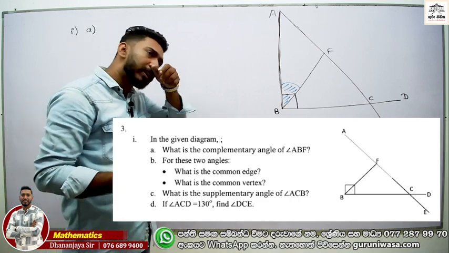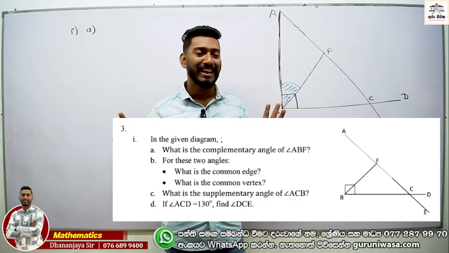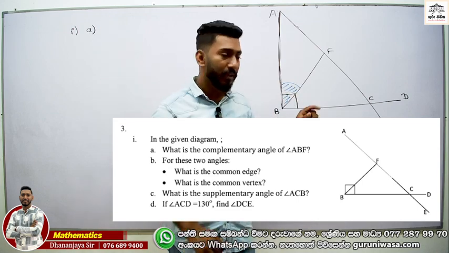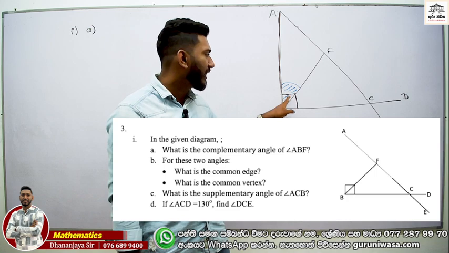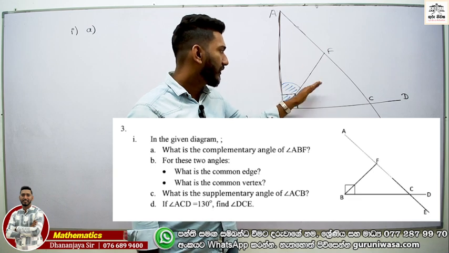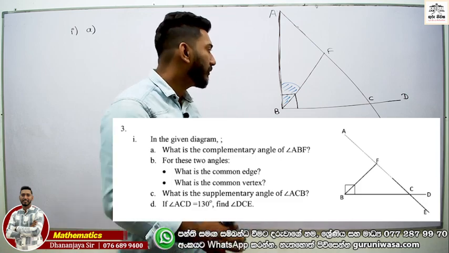Now what is the meaning of complementary? The sum should be 90 degrees. Do you all remember this? Therefore, look at the symbol. The symbol says that this angle and this angle, the sum of these two is 90 degrees. Therefore, what is the complementary angle?